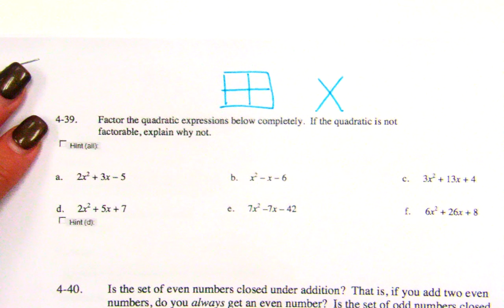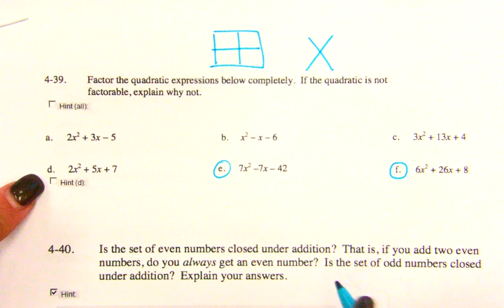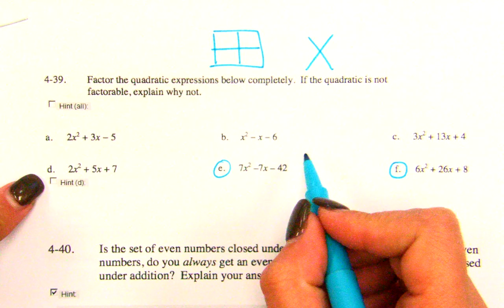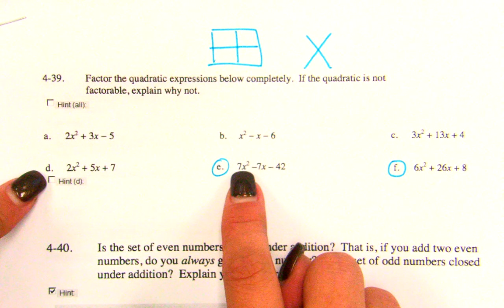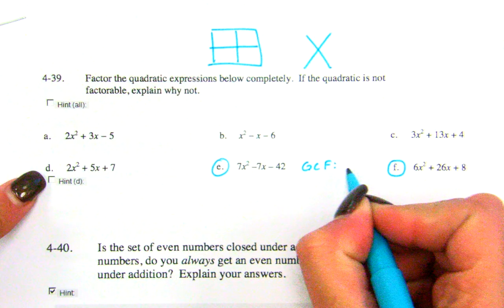And then for problems like E and F, please make sure that you factor out a greatest common factor. So in this case, the greatest common factor between 7, -7, and -42 should be a 7.